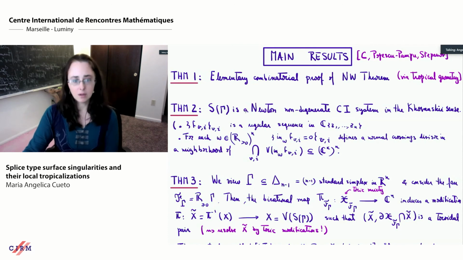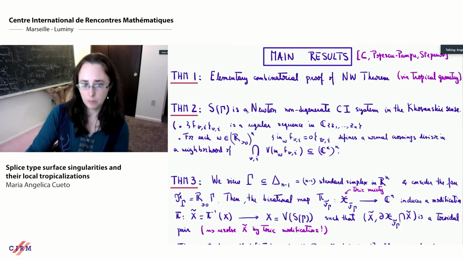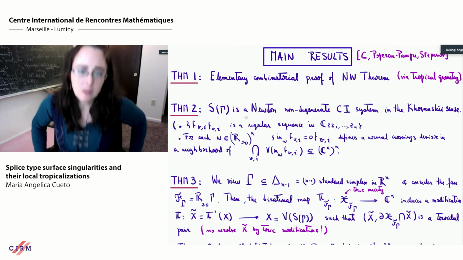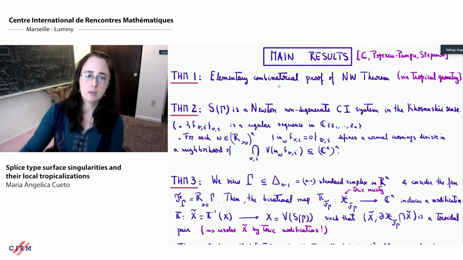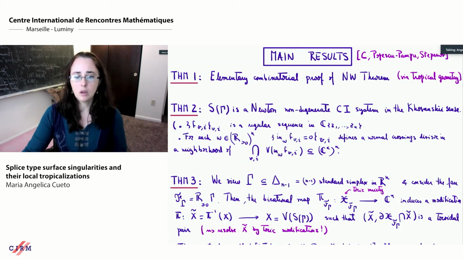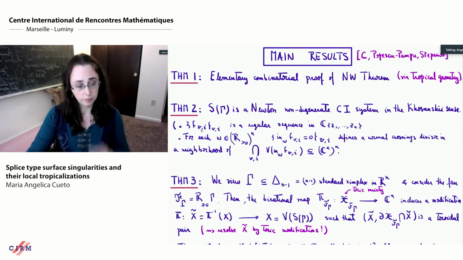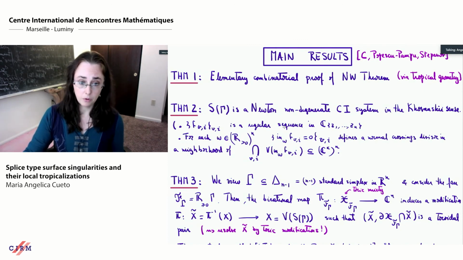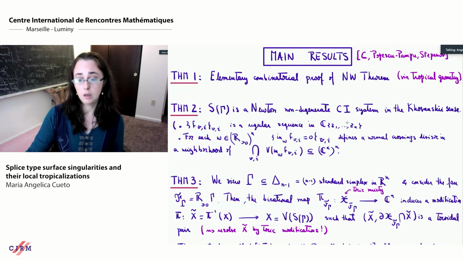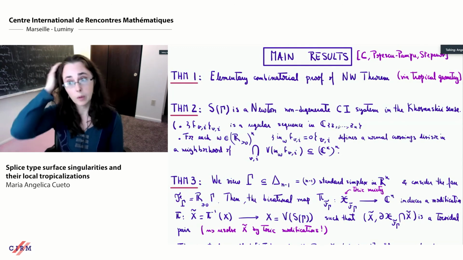Then the second result that we are able to get is that these systems are very nice because they describe Newton non-degenerate complete intersections in the spirit of Khovanskii. So what that means in this case is that our equations coming from the nodes, and I have valency minus 2 equations for each node, form a regular sequence in the convergent power series ring.